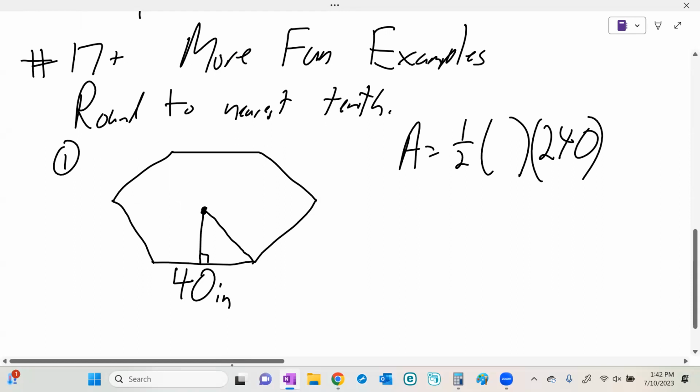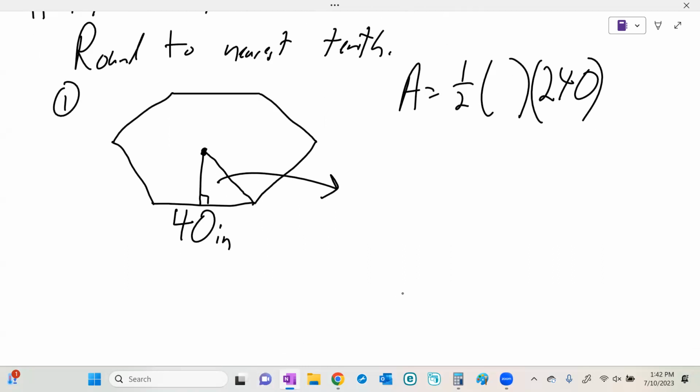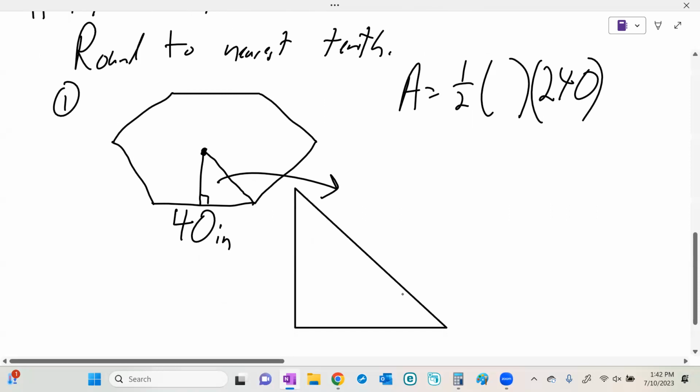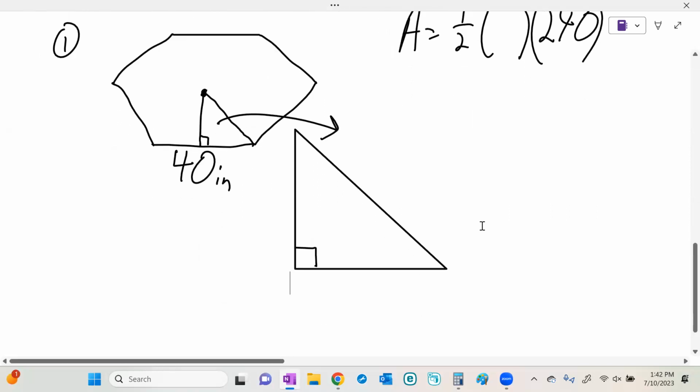Now I'm going to take this right triangle and I'm going to enlarge it here to help us find the apothem. So I'm going to write a larger version of that right triangle. And we're going to try to figure out how we can find different parts of this. So first off, this right triangle is half of one of the sides.